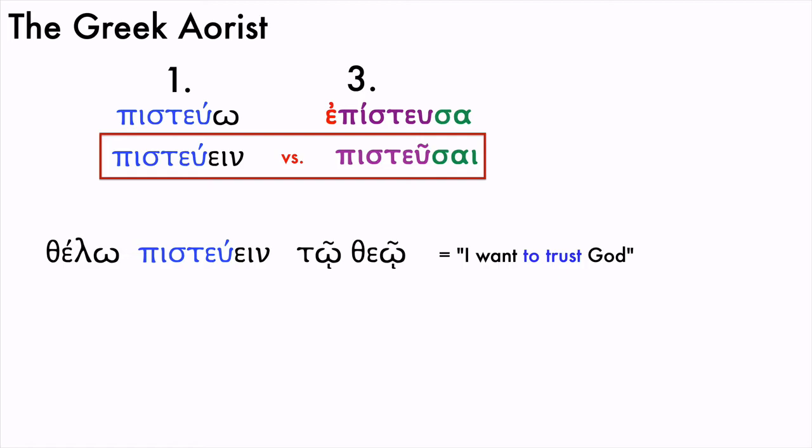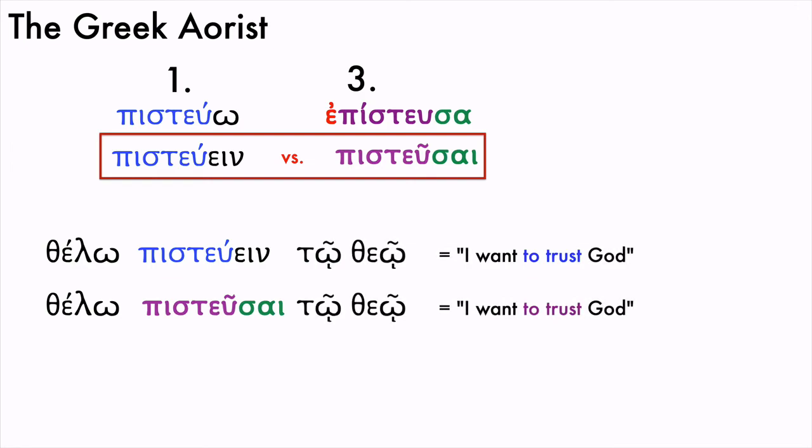Let's do the same thing with the aorist infinitive. Thelo pistusai to theo. If pistuo takes a dative as its object, it will do so in all tenses. How will we translate this? Well, the answer is exactly the same. I want to trust God.